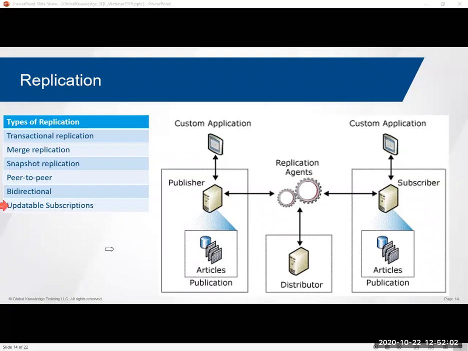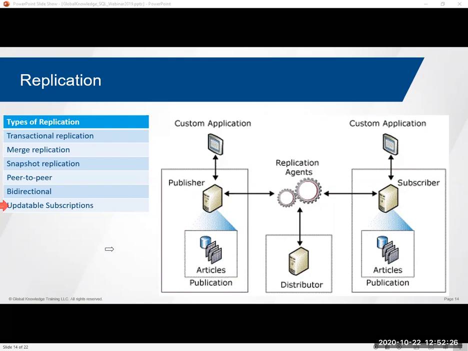So when you take a look at replication, replication can be done in a heterogeneous environment to a limited extent. So the source doesn't have to be an SQL Server, and the destination doesn't have to be an SQL Server. And under the heading of not an SQL Server, Azure SQL is in that category. Why? Because Azure SQL Server doesn't have an SQL Server agent, and therefore cannot directly participate in replication.